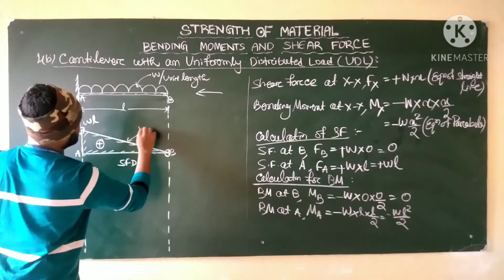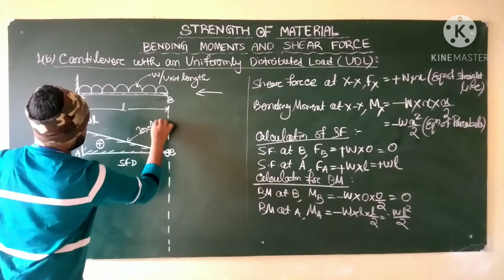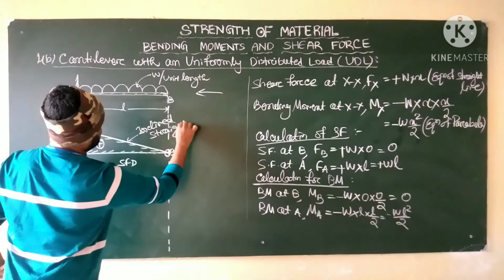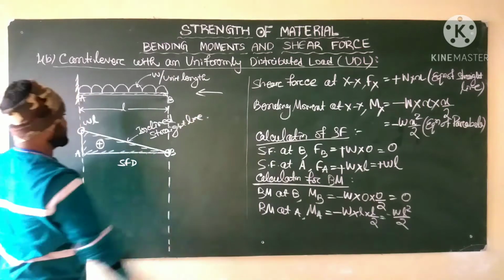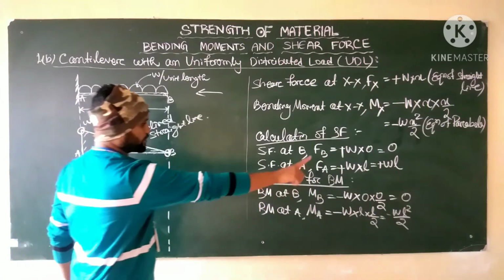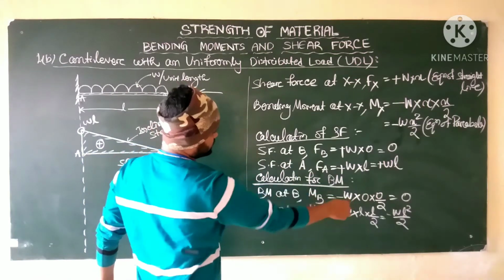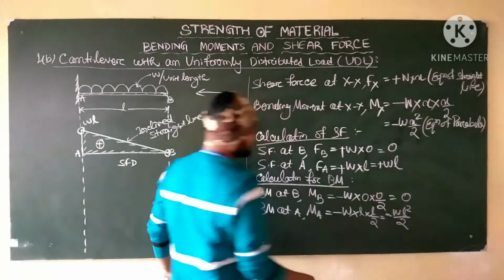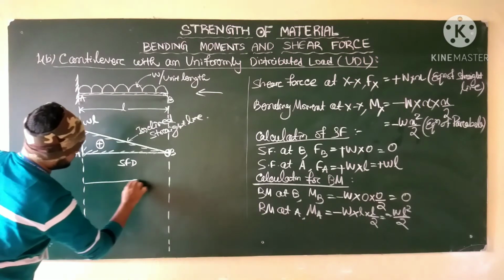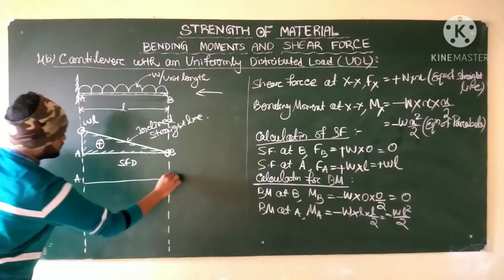So this is an inclined straight line. Now for bending moment, one value is 0, another value is minus WL square by 2. Minus means below the baseline. So here is the baseline A and B.